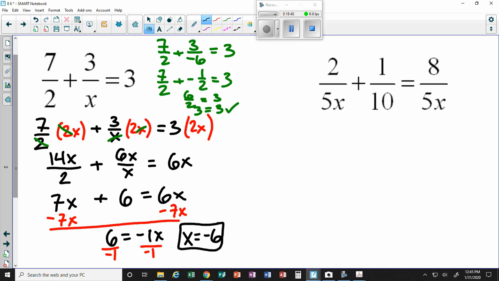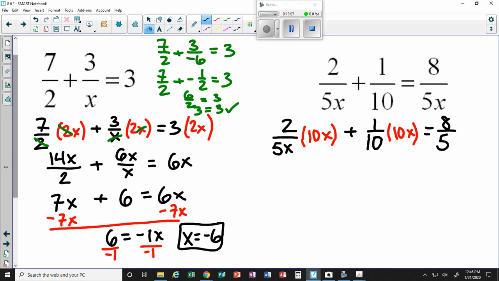You're just going to have to reduce at the end, maybe. But if you don't use the least, then it's going to be a little more challenging. All right, so we're going to do 2 over 5x times 10x plus 1 over 10 times 10x equals 8 over 5x times 10x.